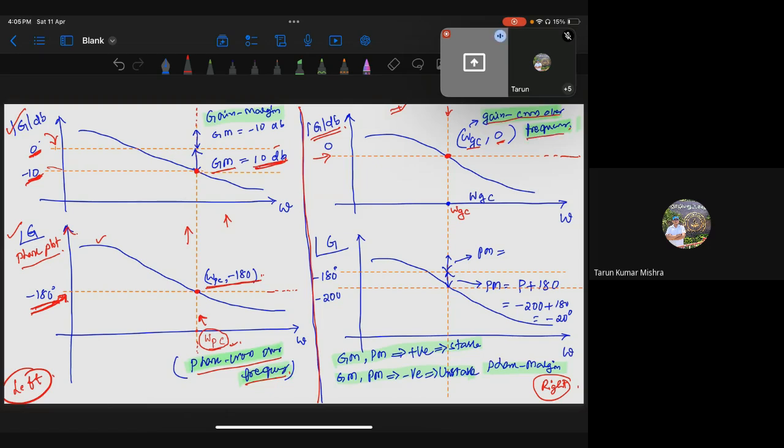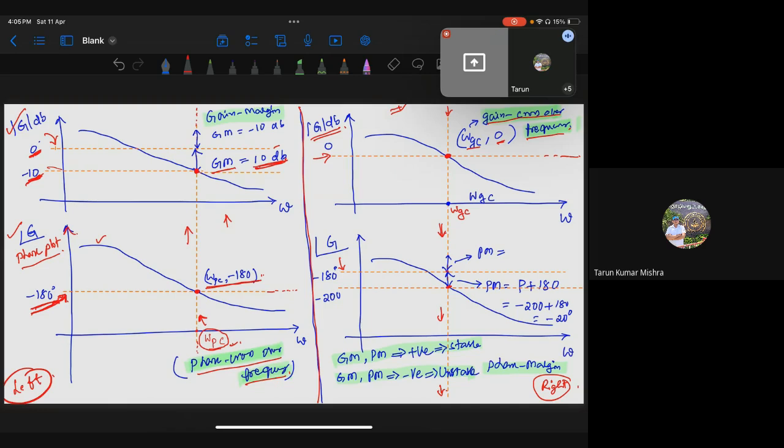Similarly, go down and extend this line till the end. Now see, this is your minus 180 line. This omega GC line is not intersecting at minus 180.